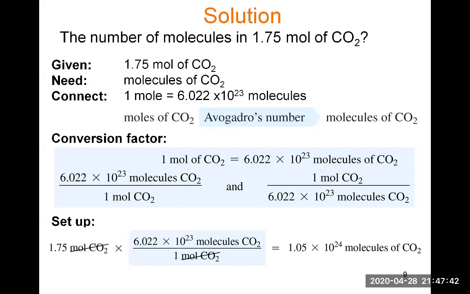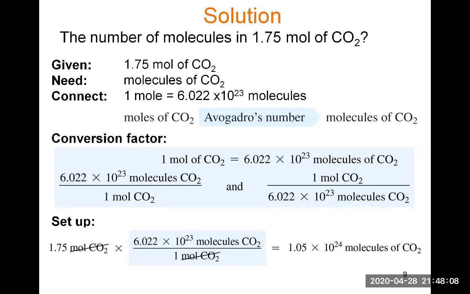And again, it's a very large number of molecules, because that's what you should expect when you have a reasonable number of moles, like 1.75. You should get a very, very large number of particles, a number in the 10 to the 23rd, 24th, or 22, but something close to the Avogadro number.